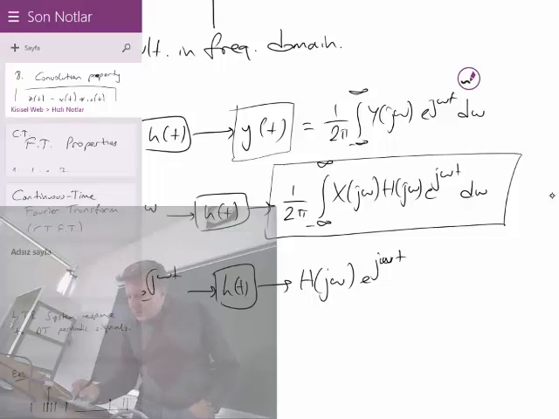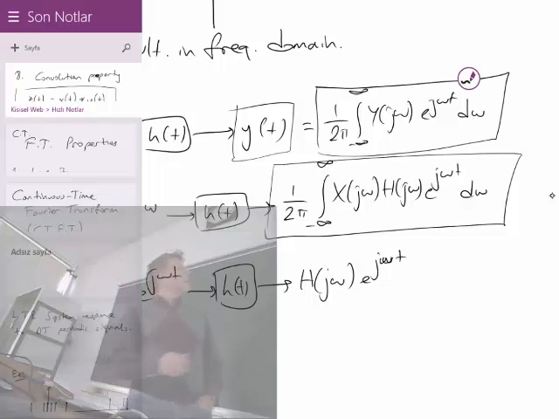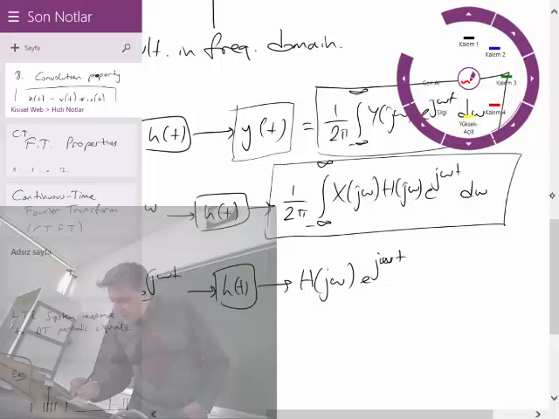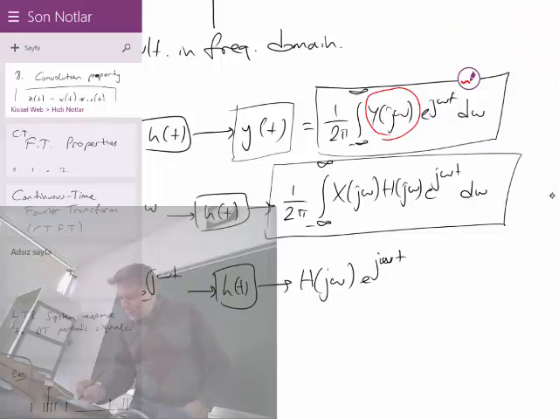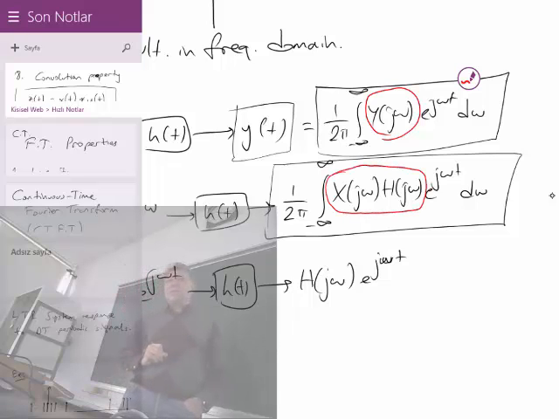So now the new expression here and this expression are the same. They correspond to the same thing. And from there, what you see is this y of j omega is equal to x of j omega times h of j omega.